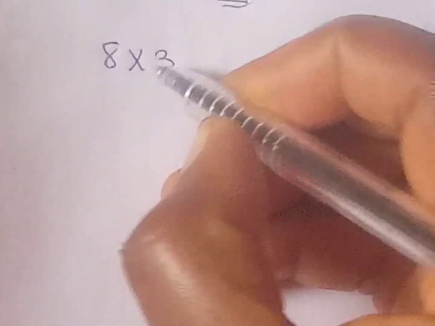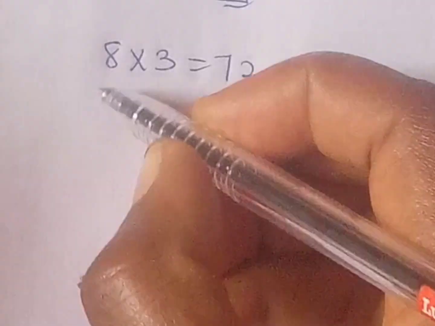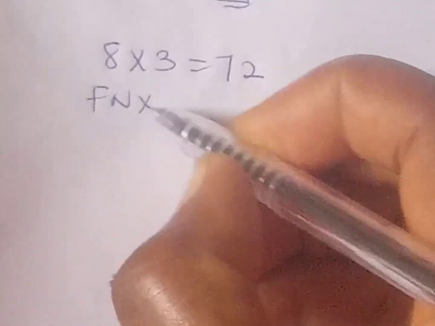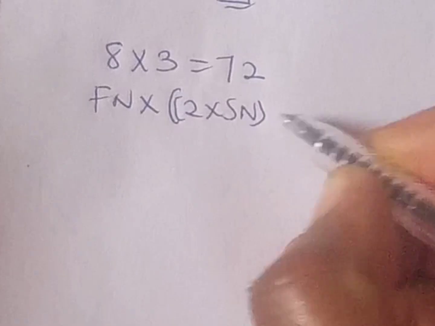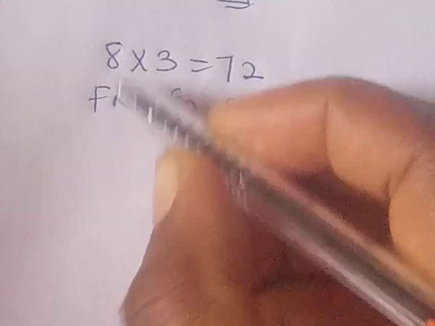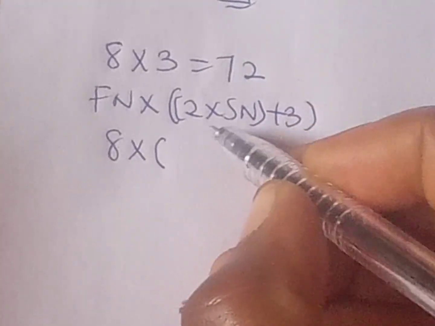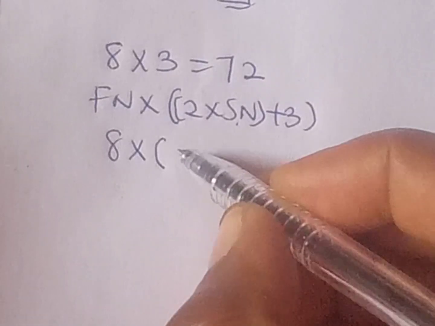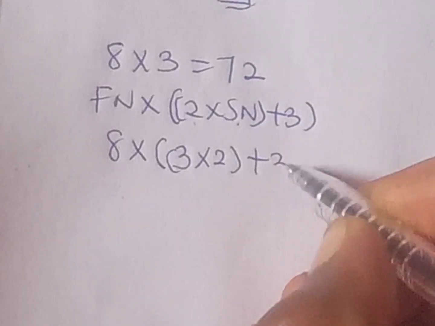The second line says 8 multiplied by 3 equals 72. Using the rule, first number multiplied by, 2 times second number, plus 3. First number 8 multiplied by, second number, which is 3, times 2, plus 3.